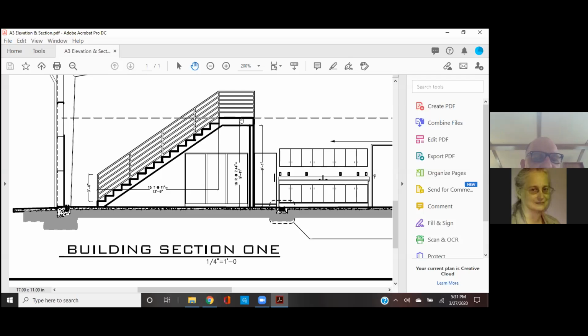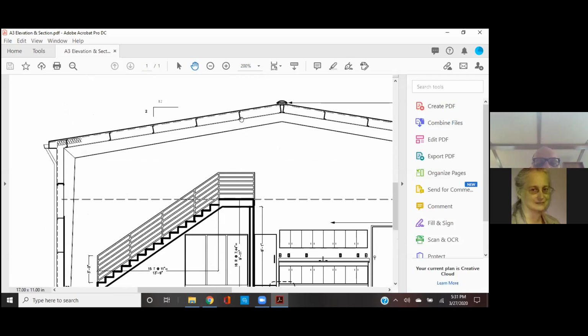So 9'11", then just measure up to the underside of the roof. How many threes are there? Take a little piece of paper, put it up against the screen, and see how long it is. I'm going to bet it's something like 6 feet.